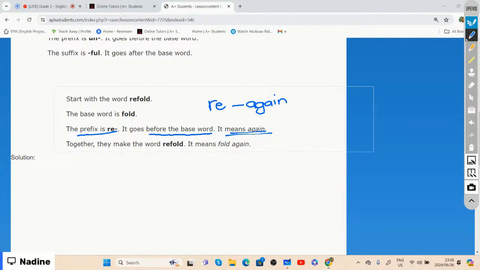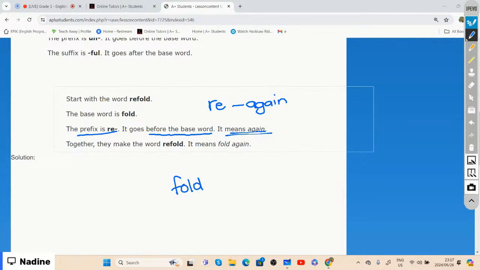So now, if we were to look at our base word, fold. Remember we spoke about helpful and helping. Let's say, for example, mom. Imagine that mom is folding clothes, but now you, by accident, bumped the clothes, or the clothes that mom folded fell over.